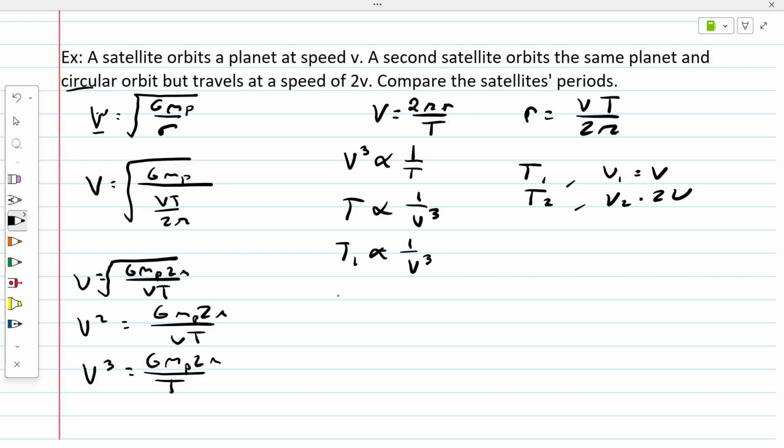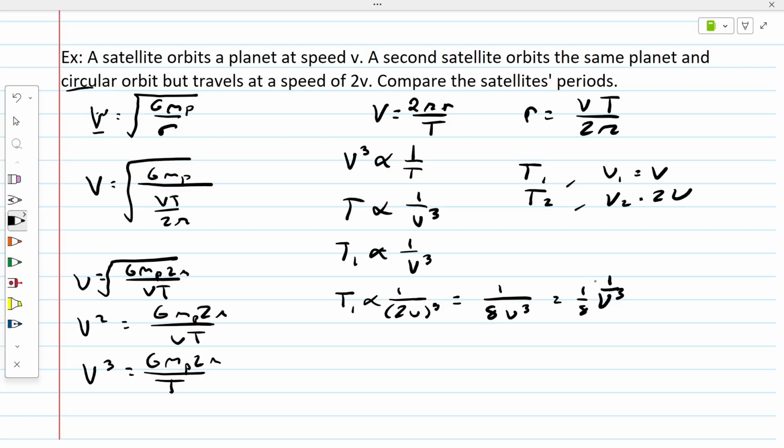If we wanted to find T2, we could say it is proportional to 1 over (2v) cubed. If we take this out, we get 8 v cubed, which equals 1/8 times 1 over v cubed.